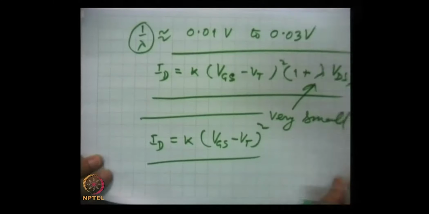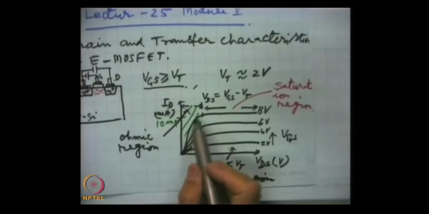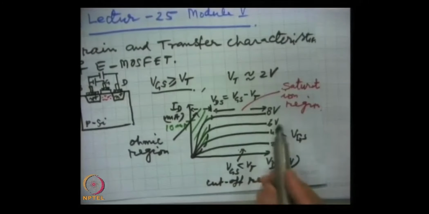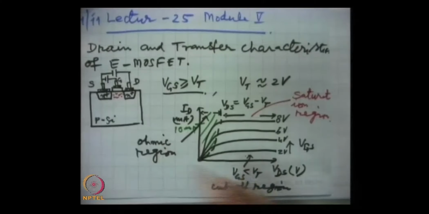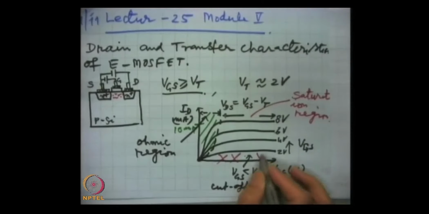And finally, in these characteristics, there is a cutoff region. We said that the characteristics can be divided into 3 regions: the ohmic region, the saturation region, and here is the cutoff region.